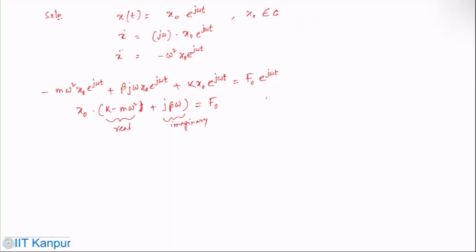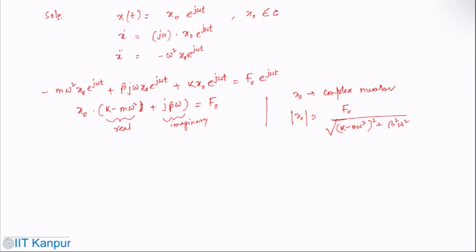So here x naught is a complex number, with magnitude of x naught equal to f naught over the root of k minus m omega square squared plus beta square omega square.